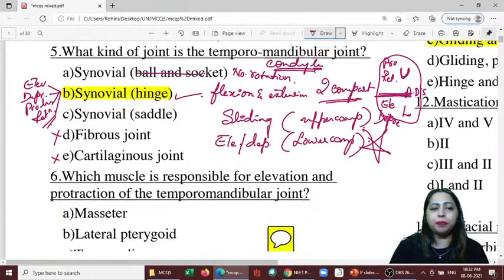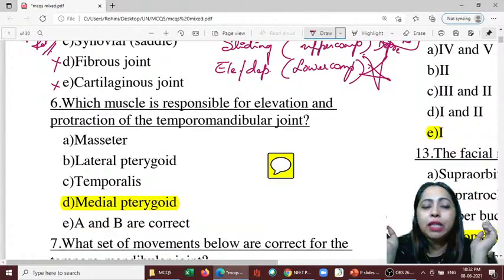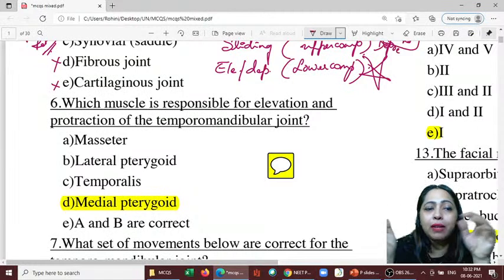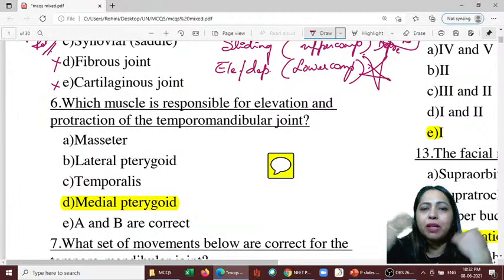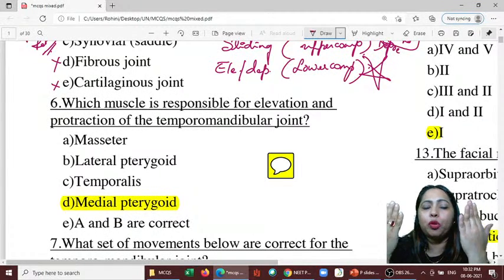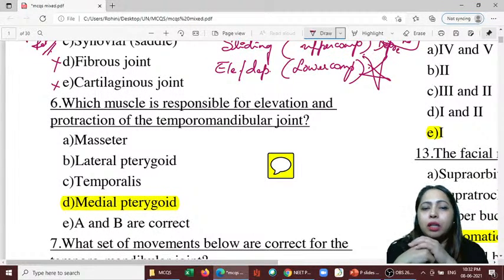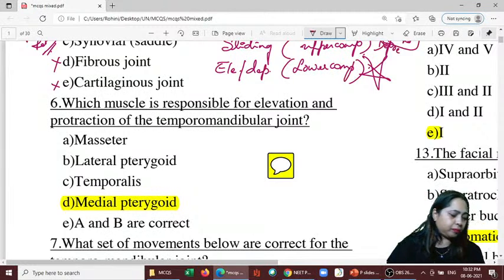Next one, sixth one. Which of these muscles is responsible for elevation and protraction of the temporomandibular joint? Elevation is pulling it upwards and protraction is protruding it outwards. You have masseter. No. What is the action of masseter?